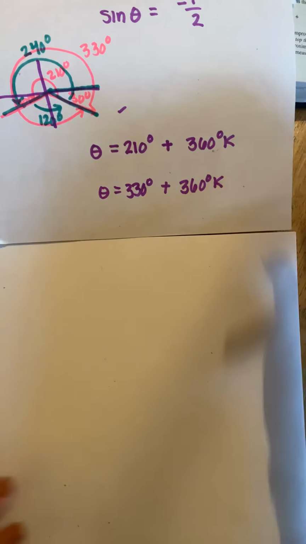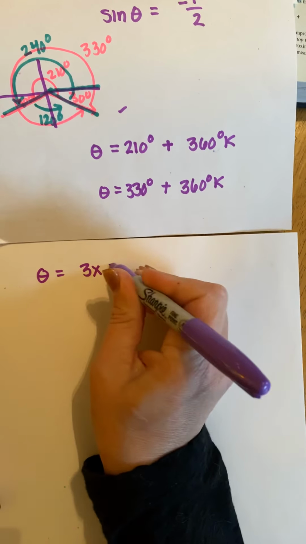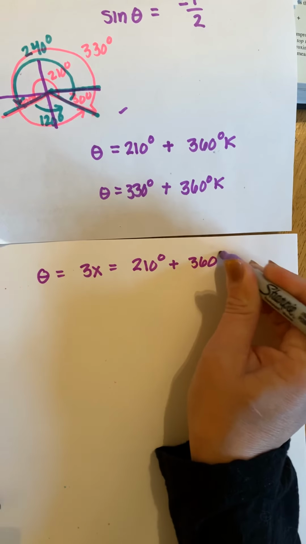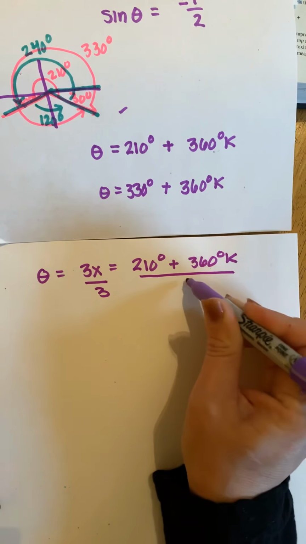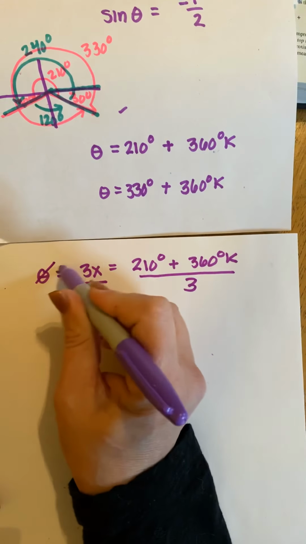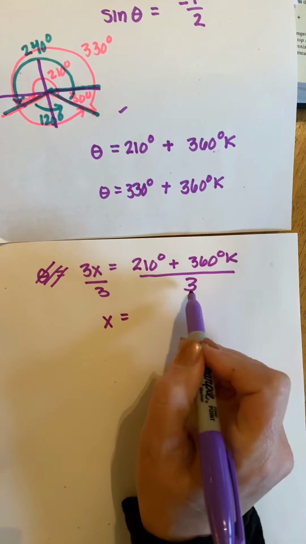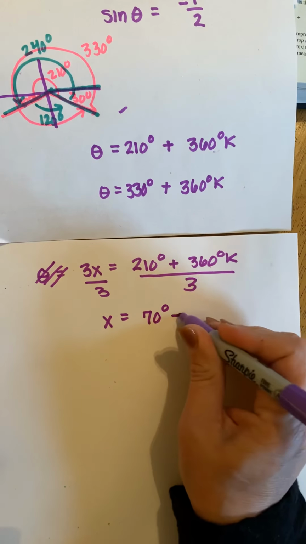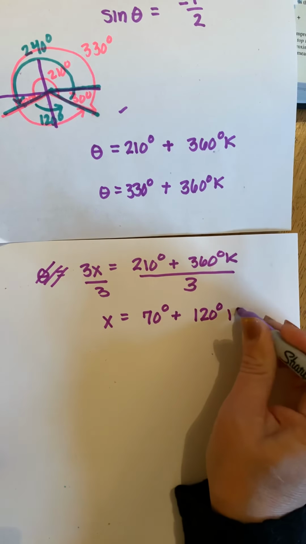So if we let theta, which is equal to 3x, equal 210 degrees plus 360k, divide the 3 out of both sides, everything on both sides. All right, so we're going to eliminate the theta. We're solving just for x now. x is equal to, well, 210 over 3 is 70 degrees, plus 360 over 3 is 120 degrees.